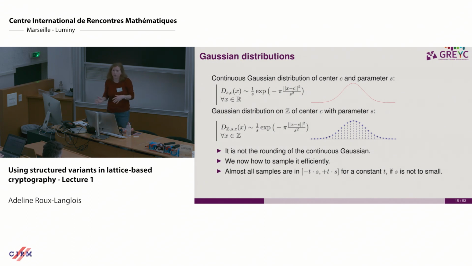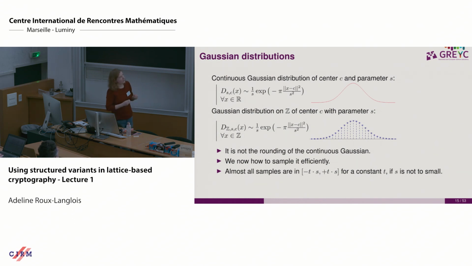So you can do it on Z, on integers, but you can also do it on lattices, that we will see just after. And those Gaussians have very interesting properties. They allow to show a lot of things for LWE and other problems, so that's why we need them.